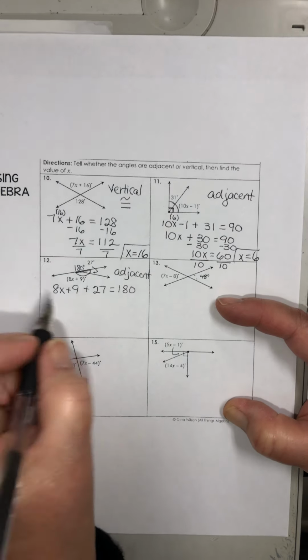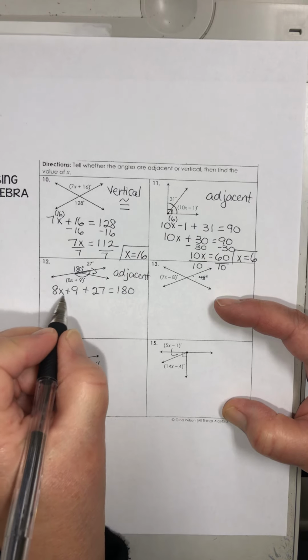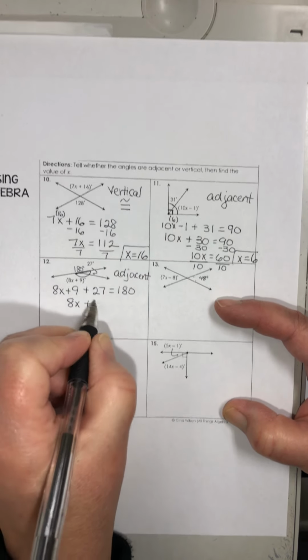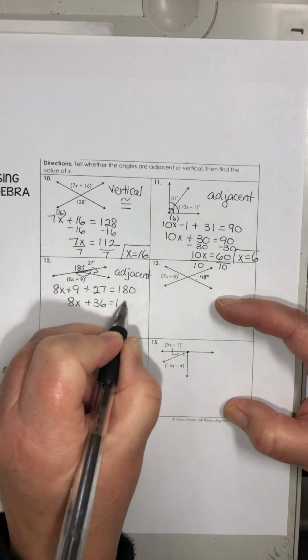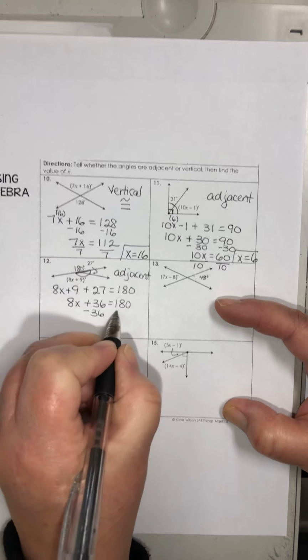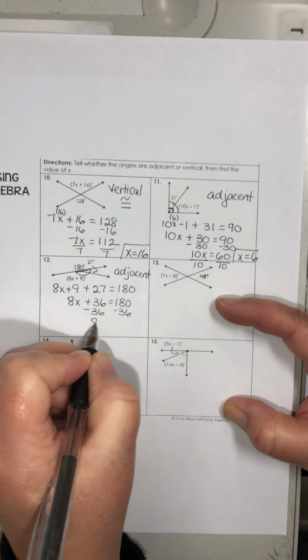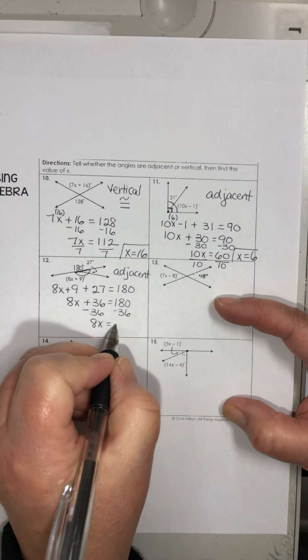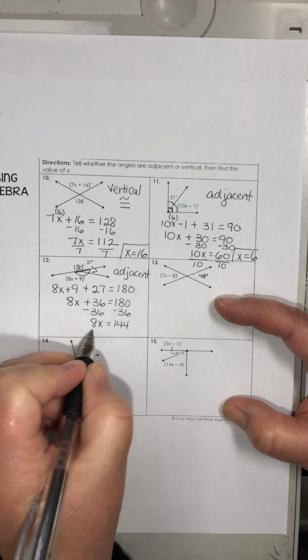Okay, so let's combine like terms. So nothing to combine the 8x with. 9 plus 27 is 36. And now we have a two-step equation. So subtract out 36, bring down your 8x equals, and subtract, and we get 144.